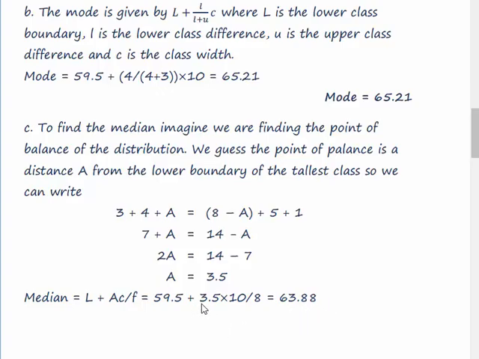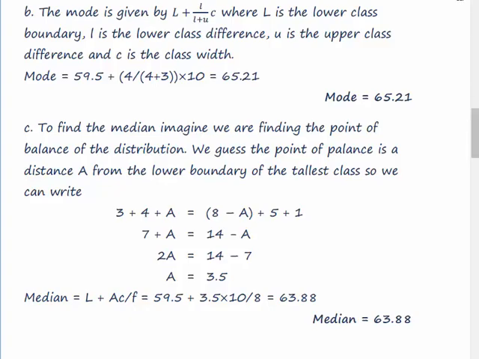As a sanity check, we've got 3.5 times 10, which is 35, 4 eighths are 32, so we're going to add slightly more than 4 to 59.5, so 63.88 is about right. So the median is 63.88.